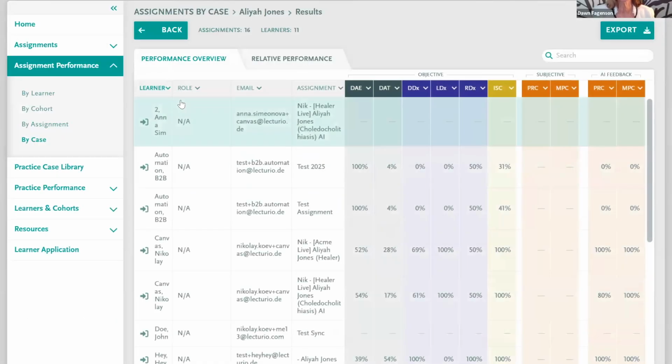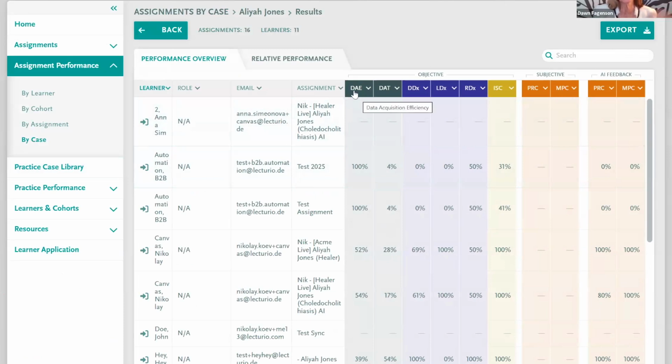So we can see here what we're tracking is performance overview, and I just picked by case. This could also be where you just assign a case to a student, or a learner, so it can be used for remediation. But in the educator portal, what we're capturing is all the information about the scoring.